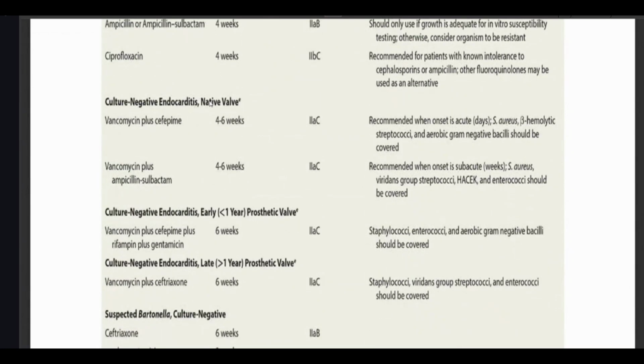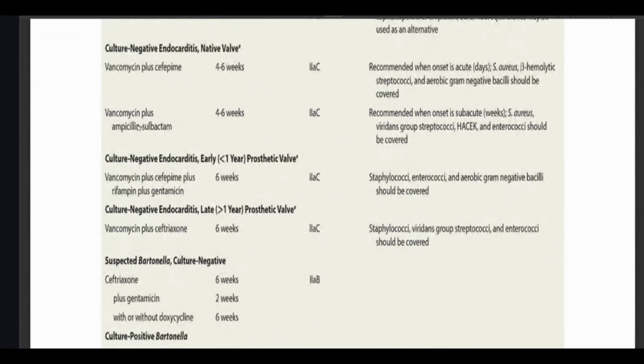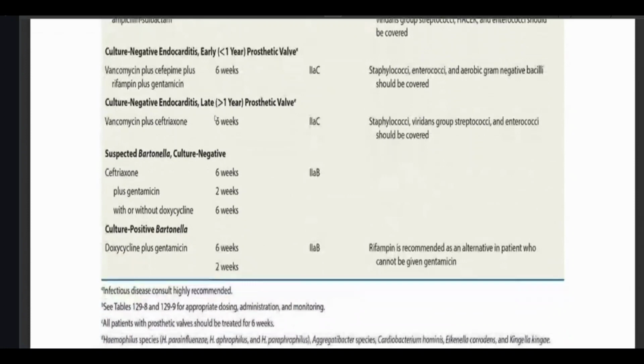Culture-negative endocarditis or native valve endocarditis is where no pathogen is seen in the blood culture, but all the other parameters for endocarditis are fulfilled. In this condition, vancomycin plus cefepime for 4 to 6 weeks and vancomycin plus ampicillin sulbactam for the same duration could be administered. For culture-negative endocarditis, early prosthetic valve, less than 1 year: vancomycin plus cefepime plus rifampin plus gentamicin for 6 weeks.